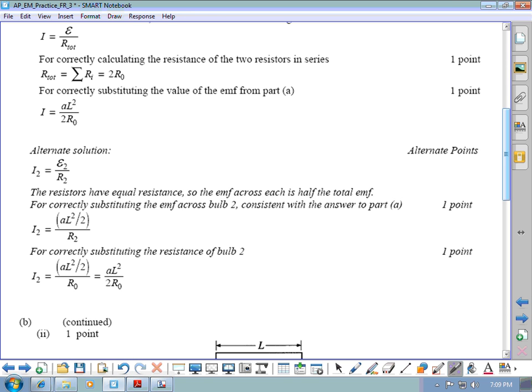So you take half of the total voltage divided by one of the resistors, and that would give you those currents. And then for correctly simplifying. Now for this, it would not be enough to just say the current is the voltage over the resistance, because you need to say what voltage and what resistance. So you need to plug in those values.